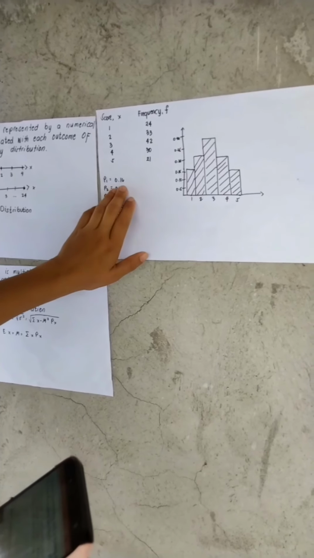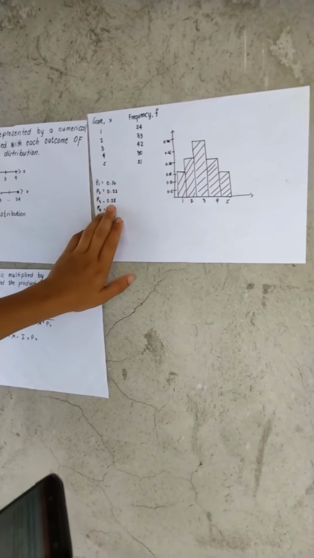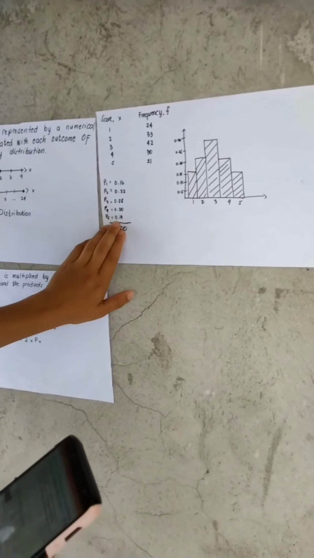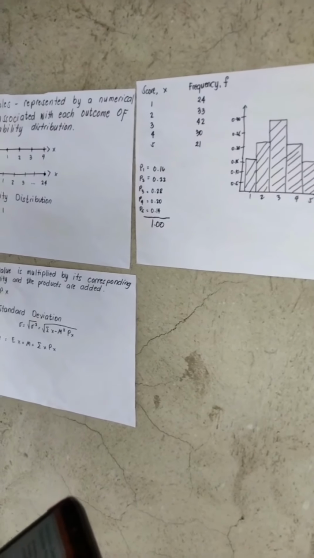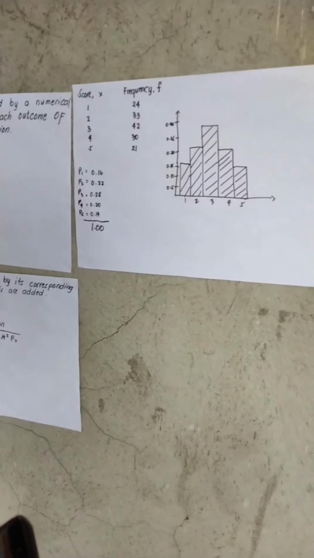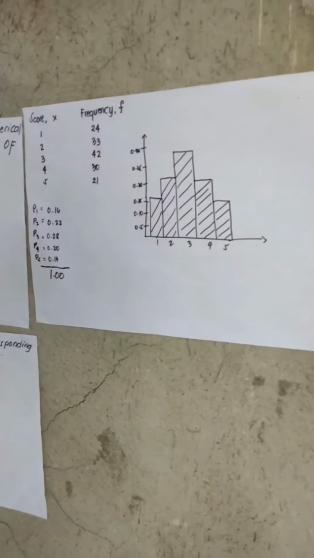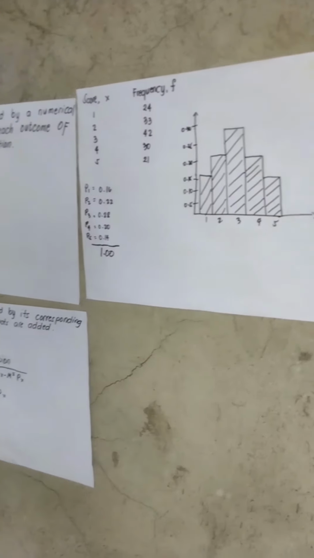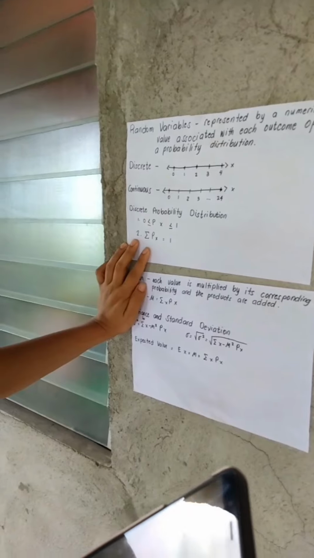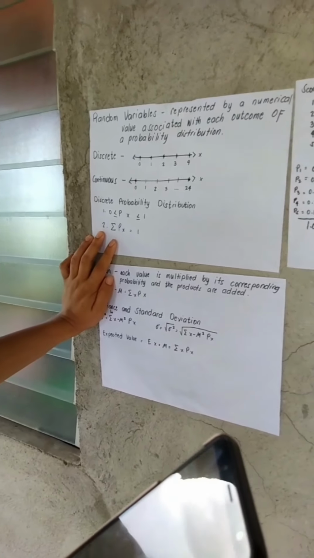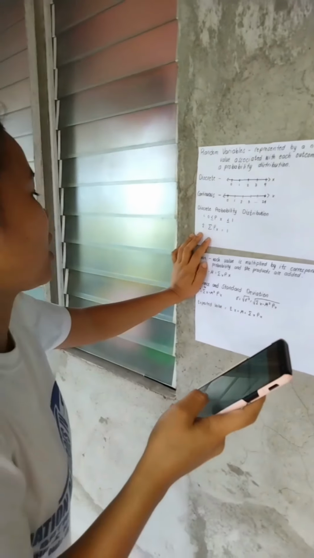So 0.16, 0.22, 0.28, 0.20, and 0.14 are greater than 0 but less than 1. In the second condition, the sum of all probabilities is equal to 1.